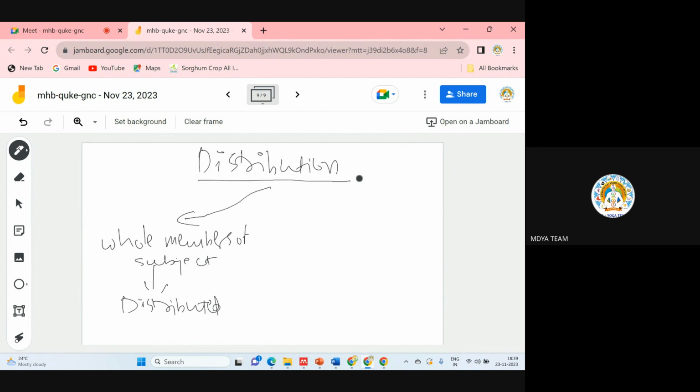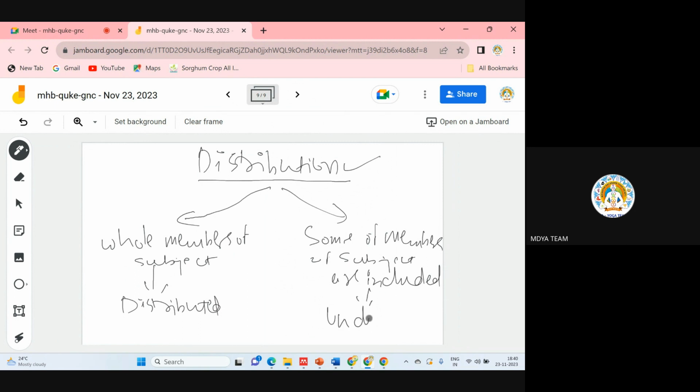This one is not that important, but still you can remember. If only some members of the subject are included, then we will call it undistributed.